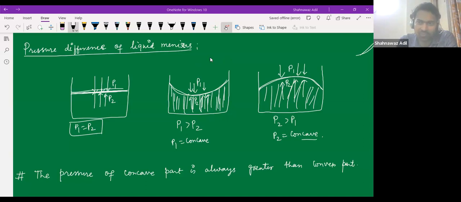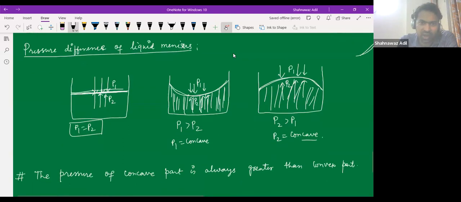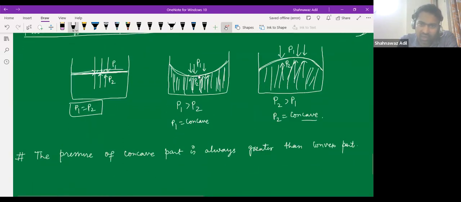So what did we discuss, Akib? Whenever we have these bumped portions, we saw this example in my note. Whenever I applied more pressure on this side, it was like this. In this case, P1 was greater than P2. In this case, P2 was greater than P1.